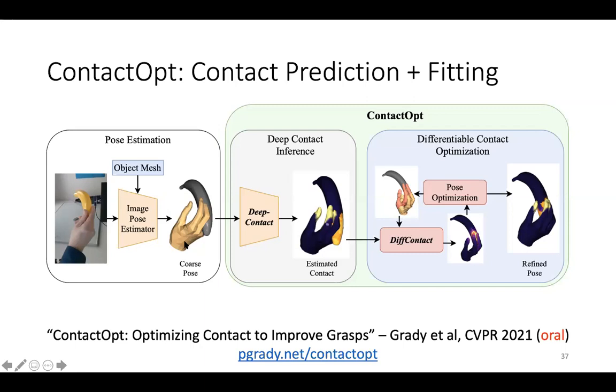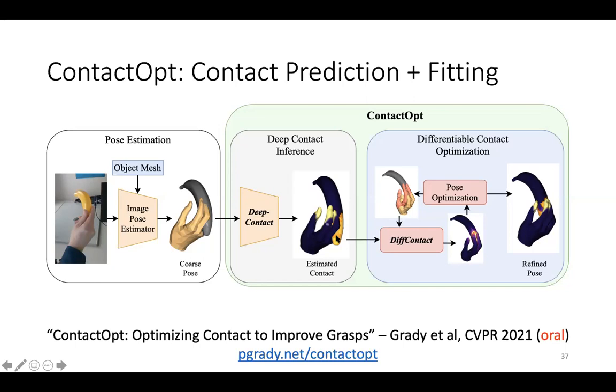We first use DeepContact, which is a neural network that we trained to take this coarse hand object geometry and predict contact patterns both on the hand surface and the object surface.